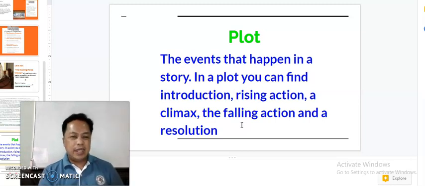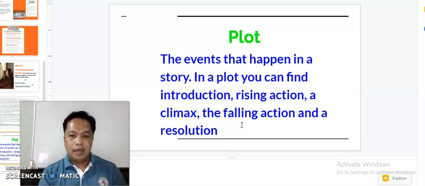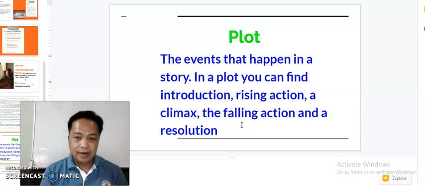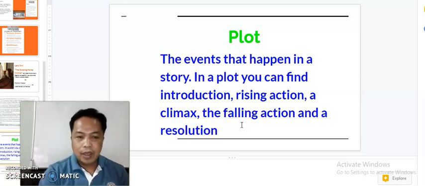This is the most exciting part. And the falling action and a resolution. It means the conflict is solved in the last part. It can be a happy ending or maybe a sad ending. So there's a resolution. Okay. That's the plot.